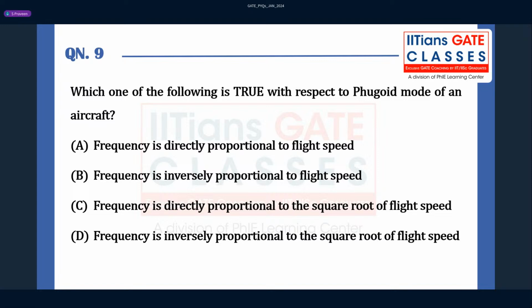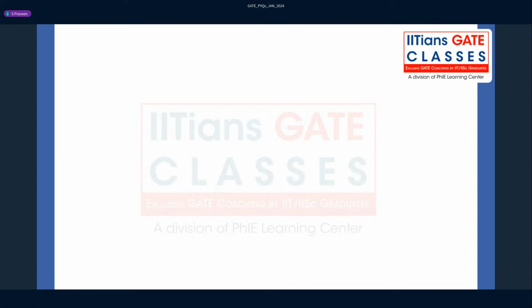So, if you recall the Phugoid formula that I gave you in the previous sessions, let me write down the result again. Please go back to my previous recorded lectures. You can find it in the 2010 or 2011 previous questions, where I wrote this formula. This is basically the expression for the Phugoid mode. And what does this give?